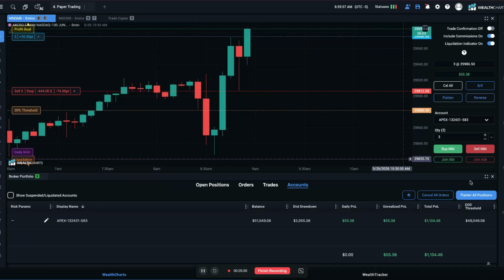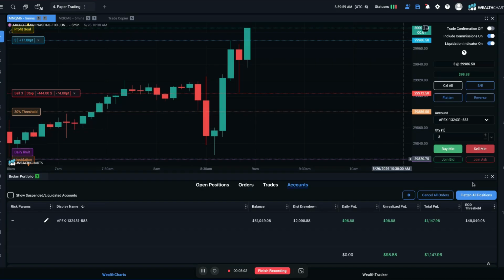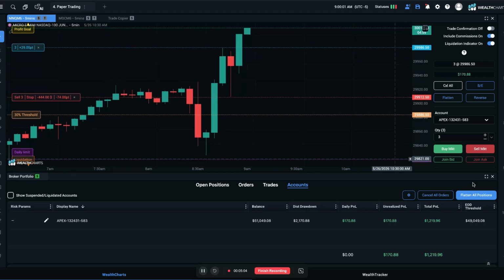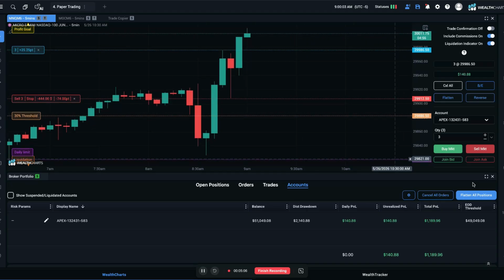Watch this as we get up here, as price begins to retrace and come back down. I'm going to chicken out, and I'm going to get out. And look at that, I could have had 100 and some profit right there. That's a nice little pump. But then price begins to retrace because of that news headline.